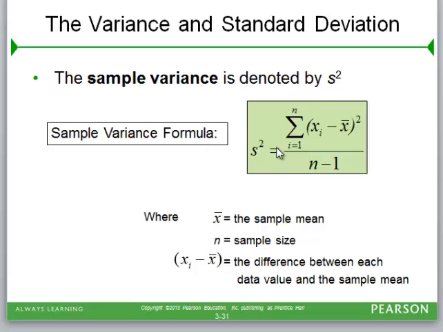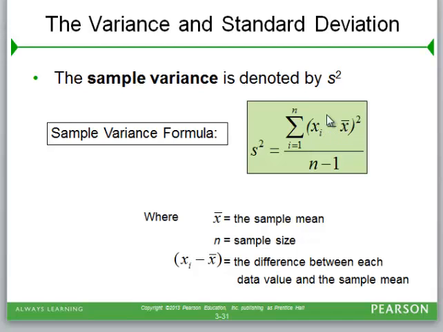So the sample variance formula is like this. It looks a little bit difficult. It has X bar again, the sample mean. I told you to keep that in mind because you're going to see it a lot, and you need to know that it represents the sample mean. So each value in the data set minus the sample mean.